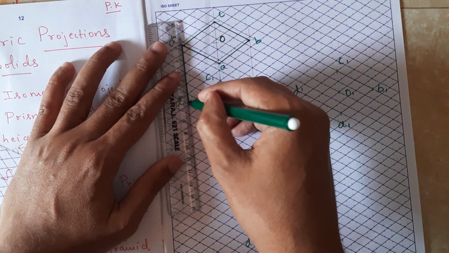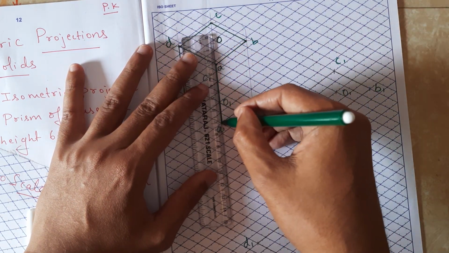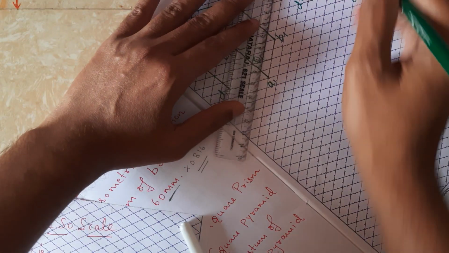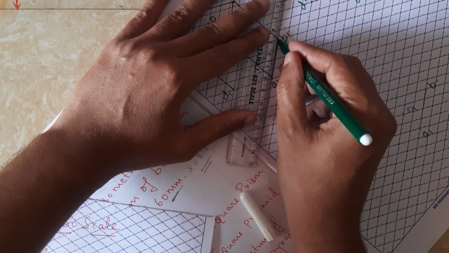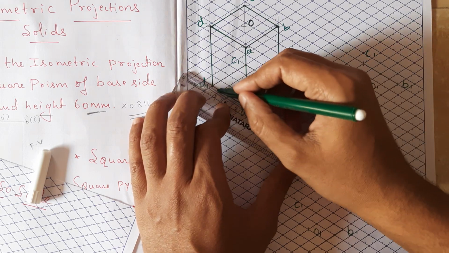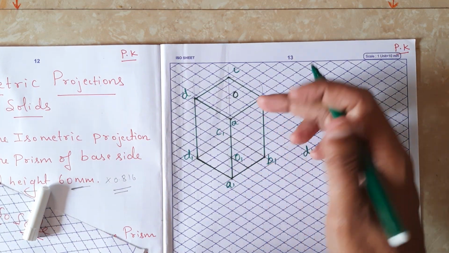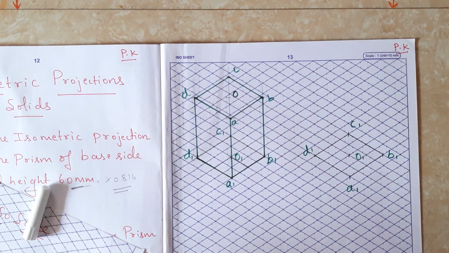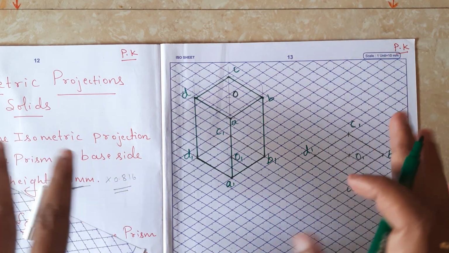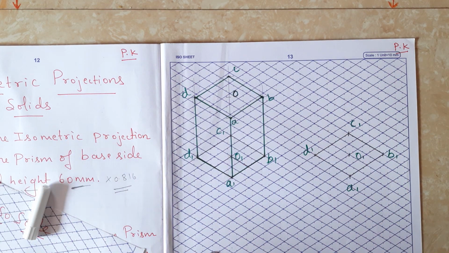Therefore the corresponding vertical edges, that is D to D1, A to A1, B to B1, and then A1 to B1, then D1 to A1. Only these must be dark. C to C1 is invisible, therefore it should not be dark. That's all. Only the visible edges must be dark. I hope you understood, right?